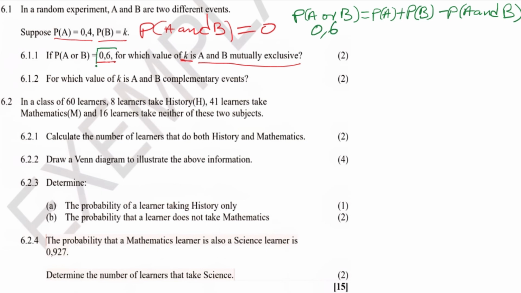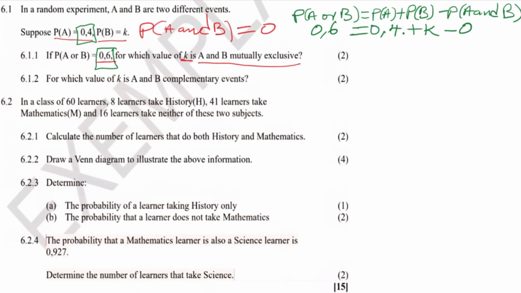We are just doing substitution. That is equal to the probability of A, which is 0,4. We write 0,4 plus the probability of B, which is equal to K, minus the probability of A and B, which is equal to what? 0. It is 0 because the two events are mutually exclusive.